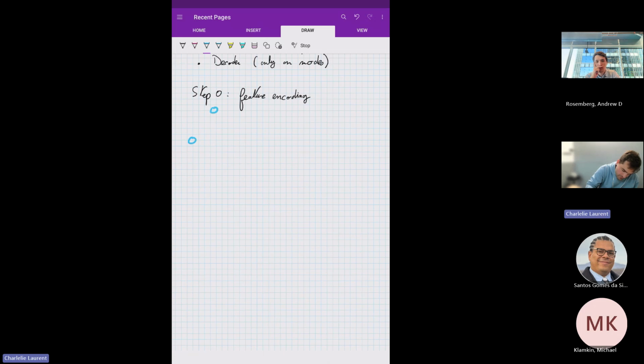We have those nodes and those edges. Let's start with the nodes, so we can start with the node features.